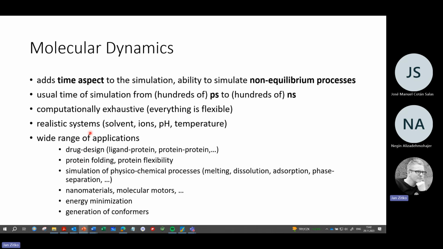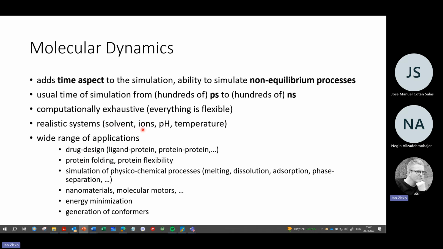I already said that the systems which we are studying, we usually try to make quite realistic. So let's say we have our protein, the protein has a ligand bound, and we put it into a solvent, because normally in a biologically relevant environment, proteins are in solvent, in water, right?